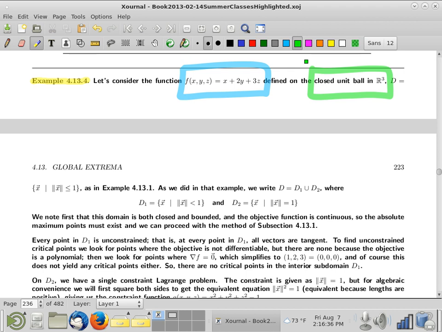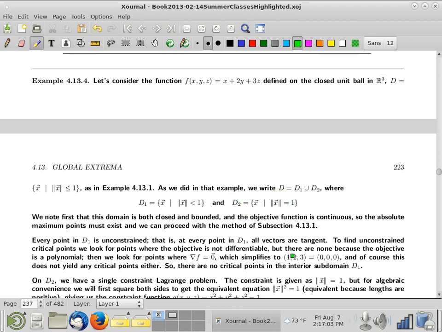We considered that at the start of this lecture, and we can break that closed unit ball in R3 down into two pieces. There's the interior piece, and there's the boundary piece. And these are subdomains in the sense that all the points in each one of these subdomains share the same constraints.